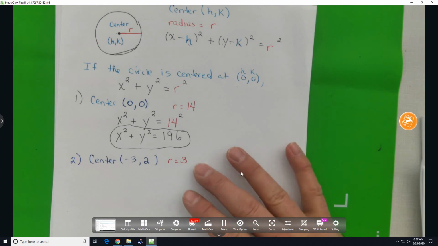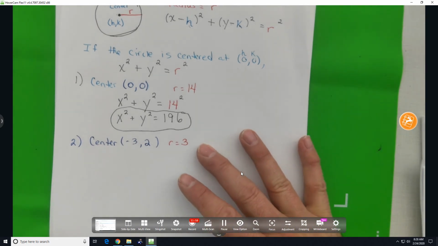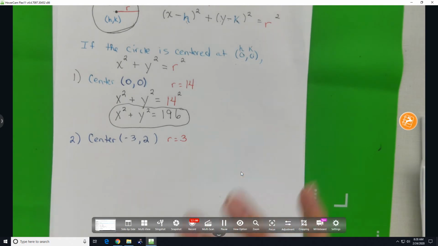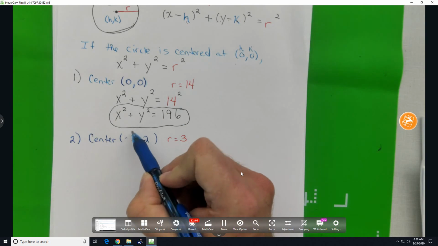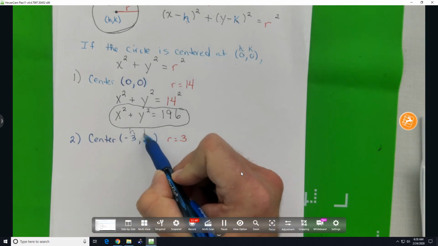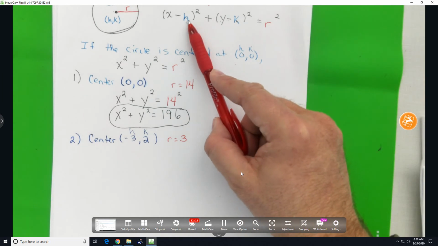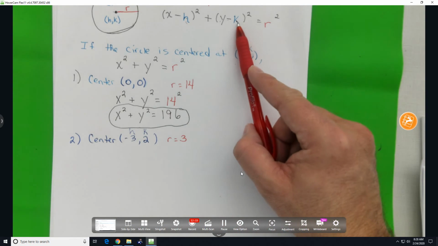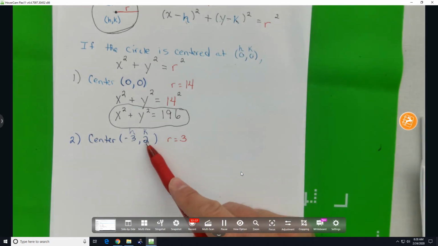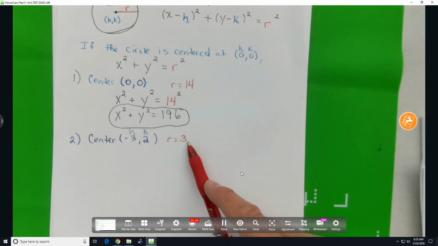Right here. Well, there's not a lot of scribble to get this equation here. You call this H and K, and you're just going to plug in place of the blue H, I'm going to put a -3. In place of the blue K, I'll put a 2. So on this one, we're going to have some parentheses. In place of the red R, I'll put that red 3.